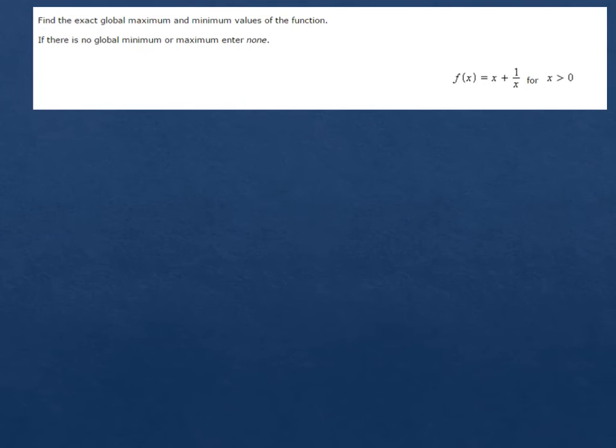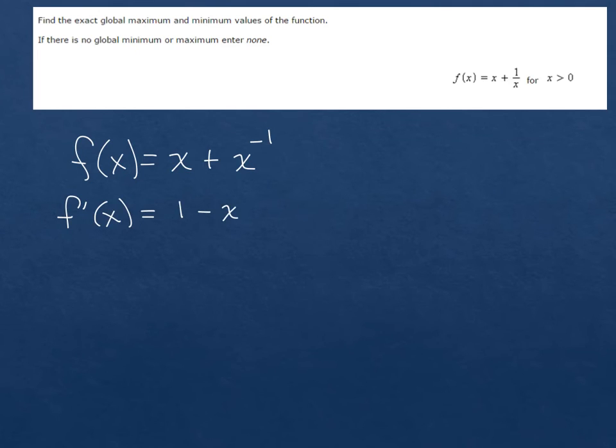So I have this function f. So f of x equals x plus, instead of 1 over x, I'm going to write that like this because it makes it a lot easier to take the derivative. So how do you find a global max or a min? You find the critical points by taking the first derivative, so that'll be 1 minus x to the negative 2, and you set this equal to 0.